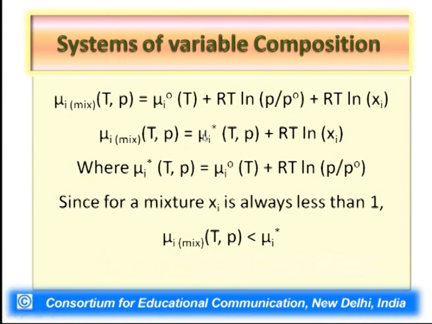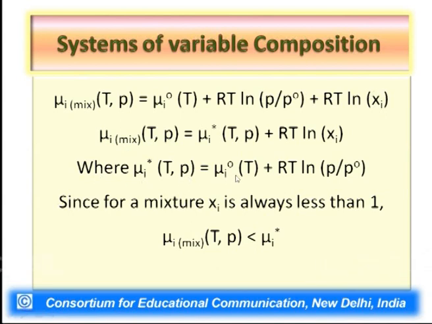It means it is the chemical potential of the ith gas when present as a pure substance, equal to its standard chemical potential, which is a function of temperature, plus RT ln P by P standard. So in this equation, the sum of two terms represents mu i star, which is a function of temperature and pressure, equal to mu i mix, which is again a function of temperature and pressure. Now on the right-hand side, we also need to add another term, RT ln Xi.